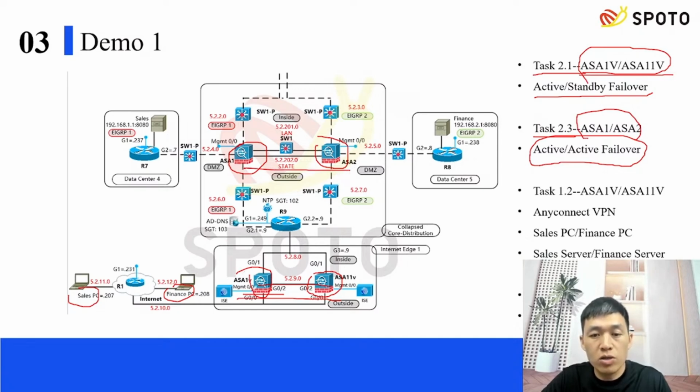Alright, such as the security level and interface and some rules as well. And task 1.2 is about AnyConnect virtual private network, and we will secure the traffic from the sales PC and finance PC to the sales server and finance server respectively.